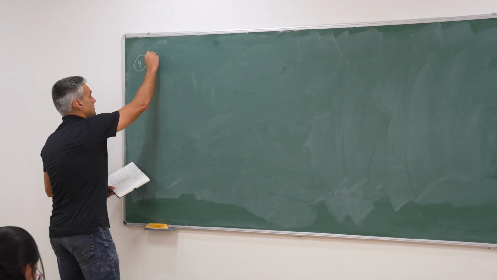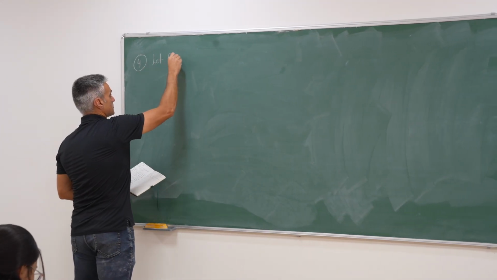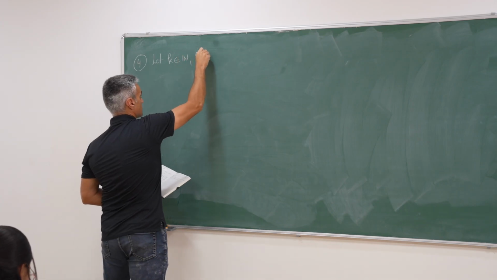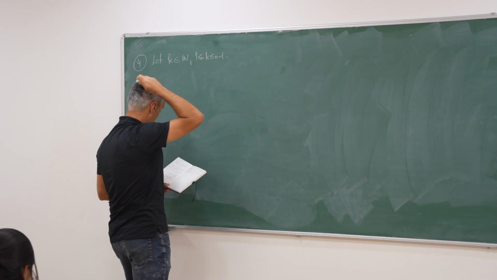Let K be a natural number, K between 1 and n minus 1.